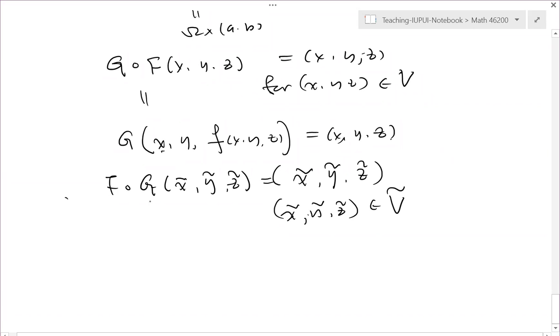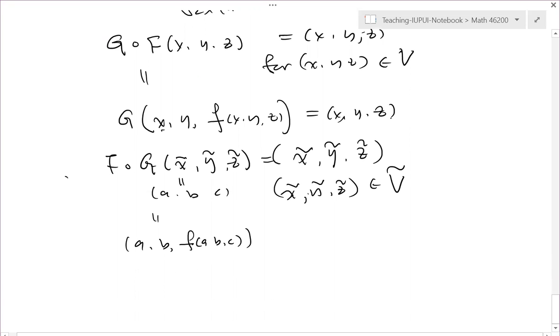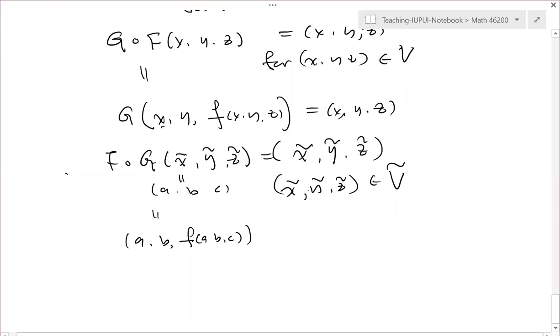Remember the definition: if this component is a, b, c, then F of a, b, c must equal x2, y2, z2. That implies a, b must be equal to x2, otherwise you're not going to get x2.